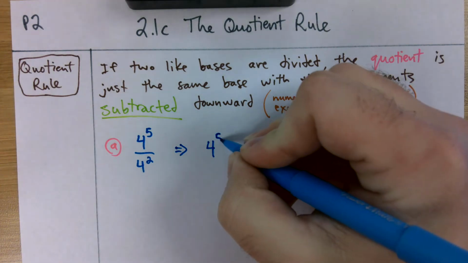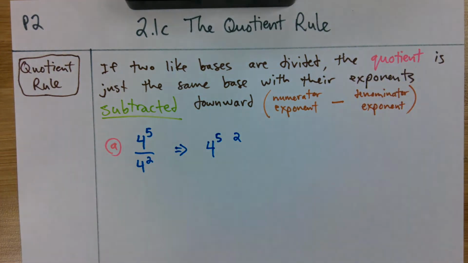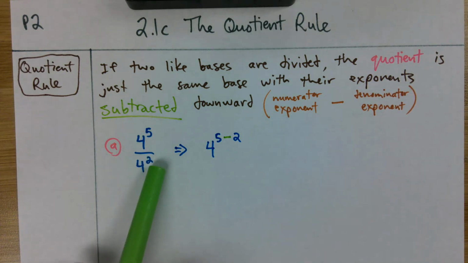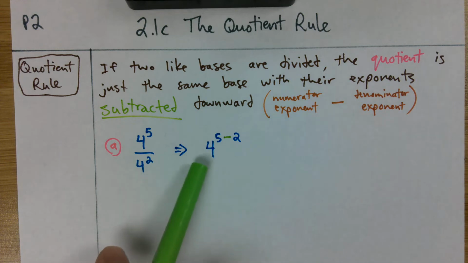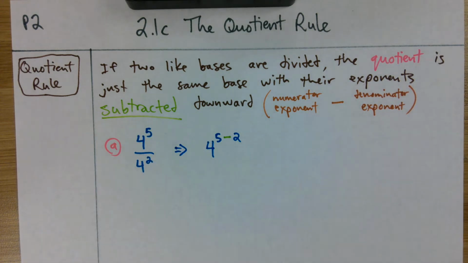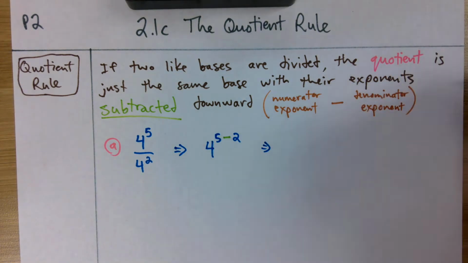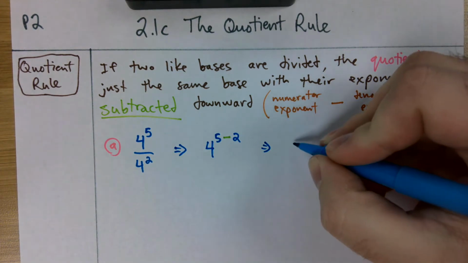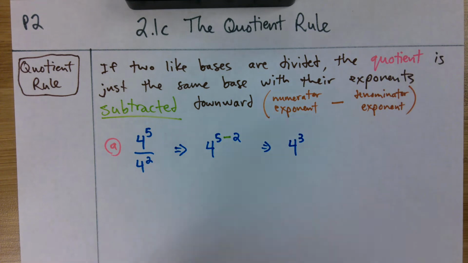But now instead of adding the exponents, we're going to subtract them. We have to make sure, though, that we're subtracting downward, meaning top number minus bottom number. So we'll never get 2 minus 5 if our problem looks like this. We're subtracting downward. Okay? Five minus 2 gives us 3, so our answer is 4 to the 3rd.